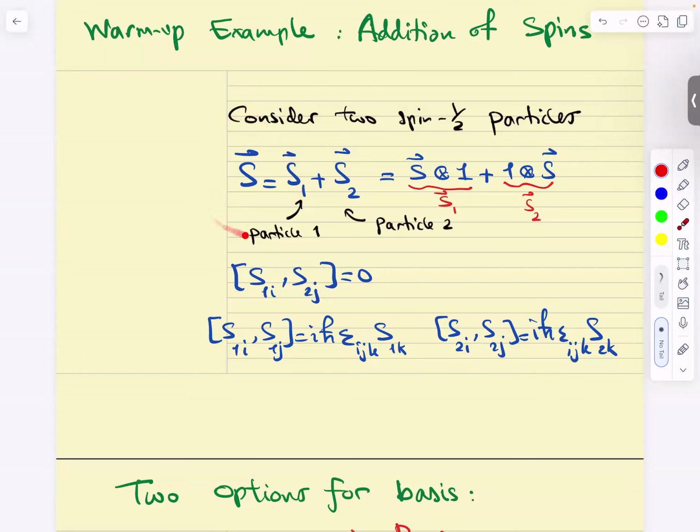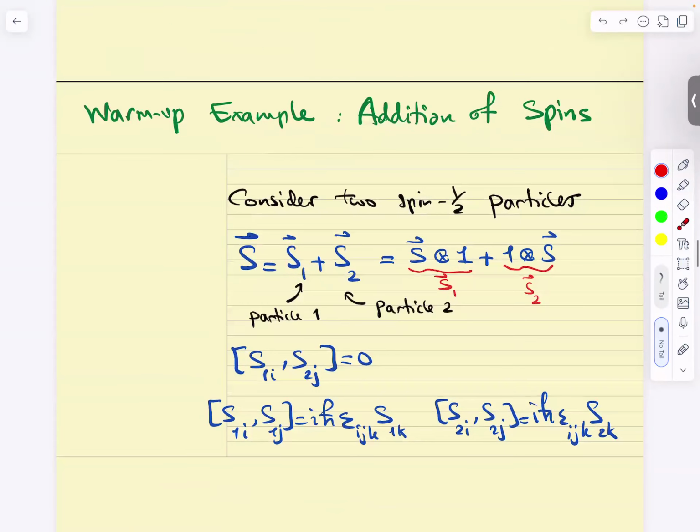So the total spin for two spin half particles is going to be the spin of the first particle plus the spin of the second particle, and this is the structure of it. In terms of commutation relations, these commute, of course, but each of them individually satisfies this SU(2) Lie algebra. Any questions? So this is what we're going to be talking about.